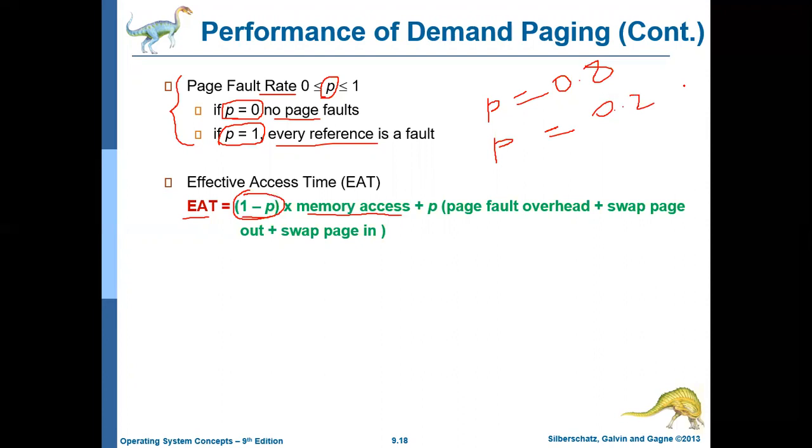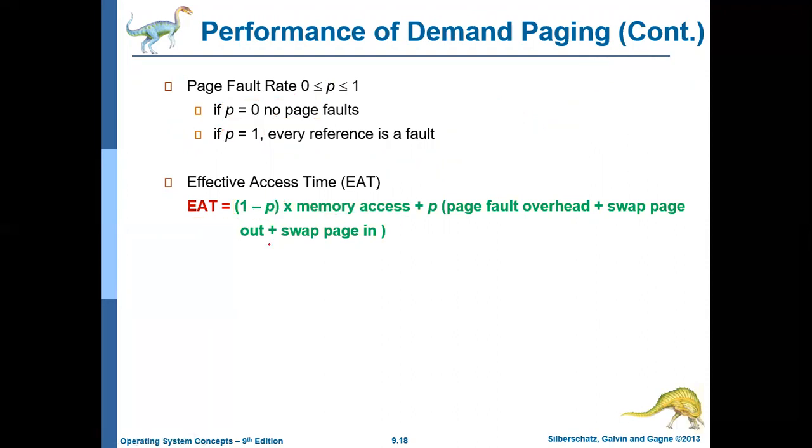This remaining 20% is 1 minus P. This is page fault, this is no page fault. If the page fault rate is 0.4, then no page fault is 0.6. So the effective access time is given as 1 minus P into memory access time when there is no page fault, plus P into page fault overhead.